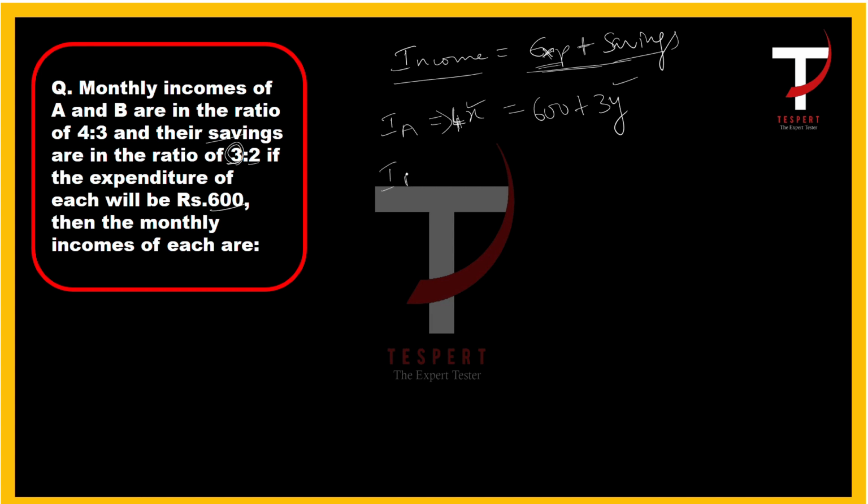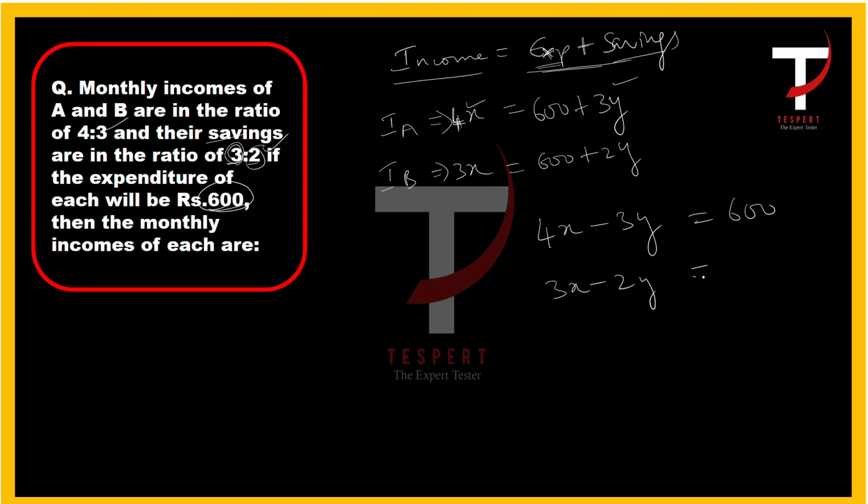What about B? Income of B is equal to 3x, right? Savings is 2y and expenditure remains same. So 600 plus 2y. So just simplify this. 4x minus 3y is equal to 600 and 3x minus 2y is equal to 600.